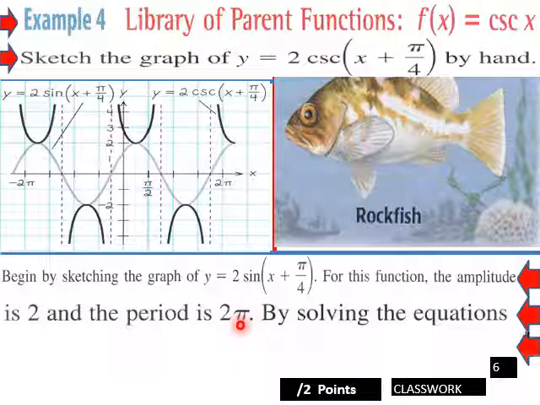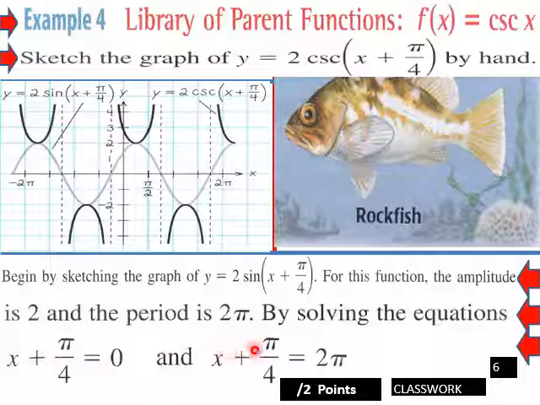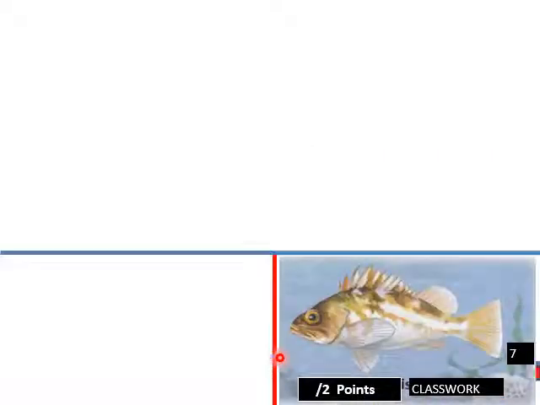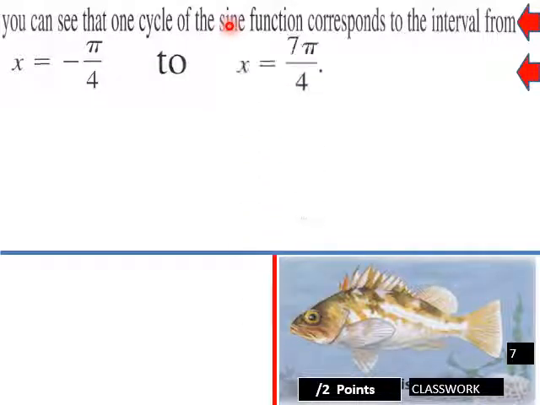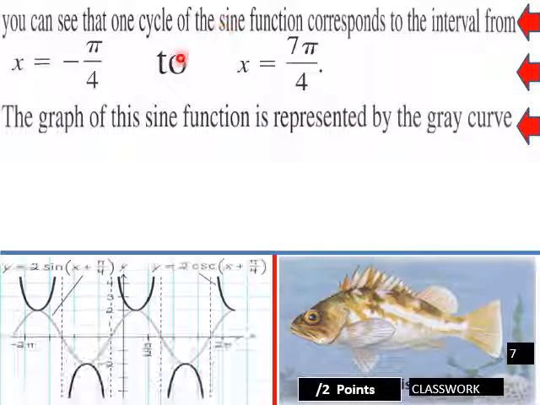By solving the equations x plus pi over 4 equals 0 and x plus pi over 4 equals 2 pi, you can see that one cycle of the sine function corresponds to the interval from the graph of the sine function.